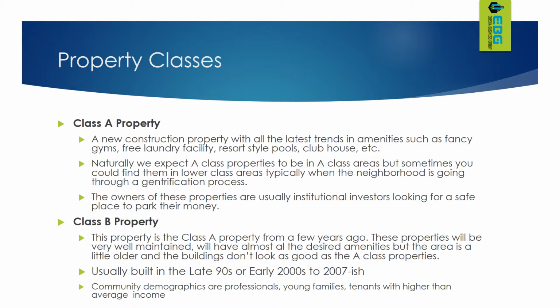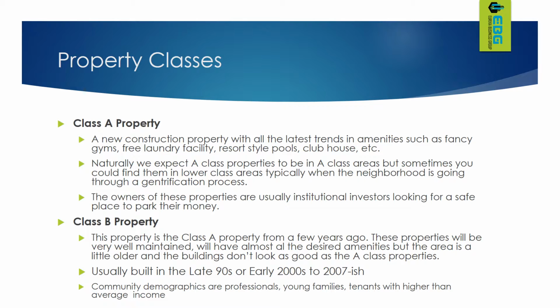B-class properties are very similar to B-class areas. That's the A-class of yesterday, right? A few years ago, this was built 6, 7, 10 years ago. Still have granite countertops, still have stainless steel appliances. It's not caught up to the trends, but it'll have a great gym and great pools and laundry facilities and a clubhouse and so on.